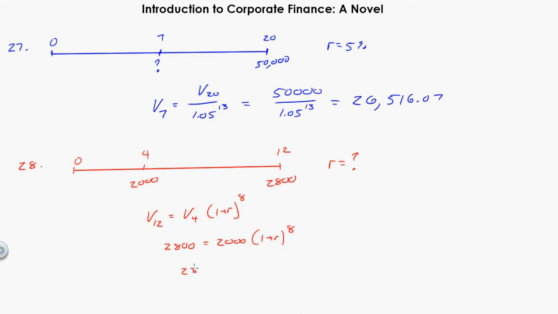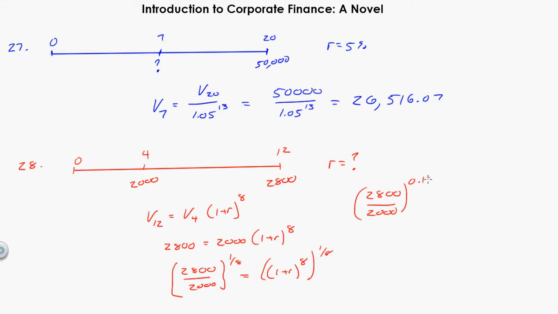So 2,800 divided by 2,000 is equal to 1 plus r to the 8th. So I take both sides and raise to the 1 over 8 power. So 2,800 over 2,000 raised to the 1 over 8, which is 0.125, is equal to 1 plus r.